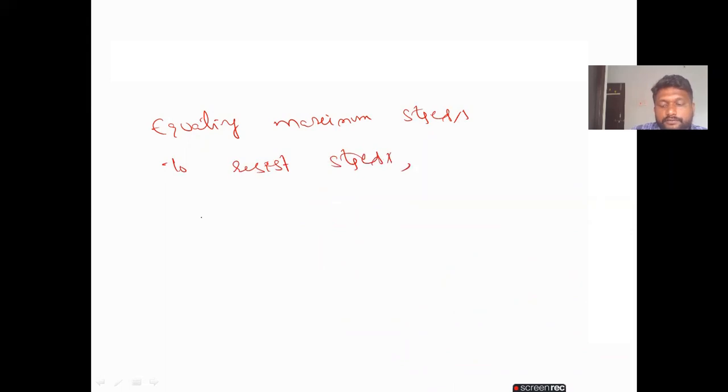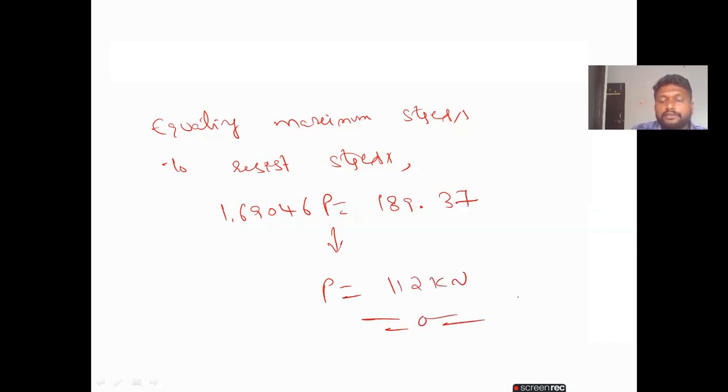So equating the maximum stress to the resisting stress, 1.69046 P equal to 189.37. So once we calculate the value, we get 112 kilonewton. So this is the P value that we got here.